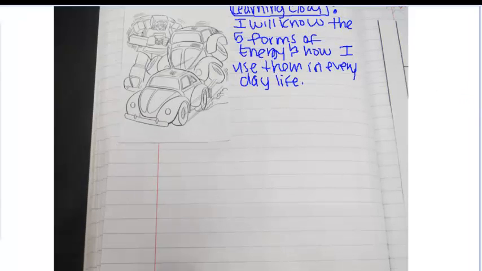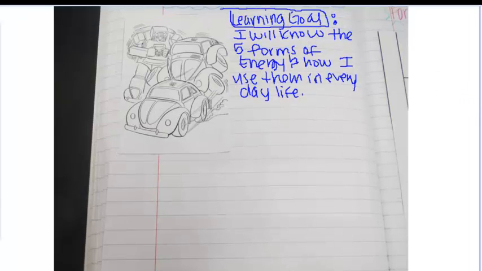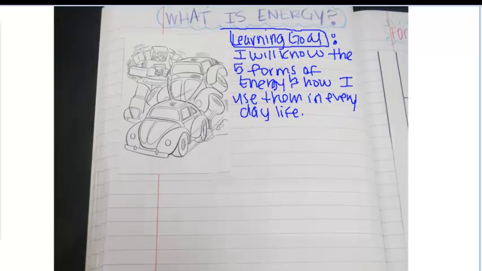Okay, so that is our learning goal, to know the 5 forms of energy and how I use them in everyday life.